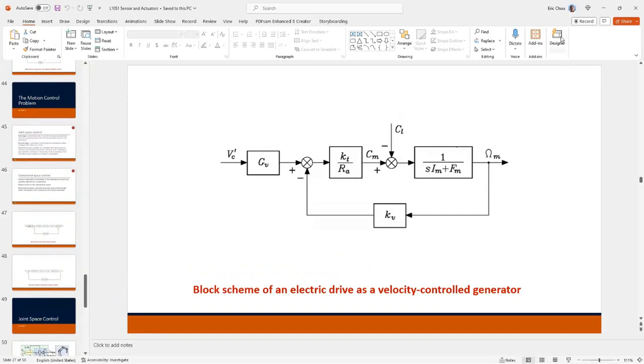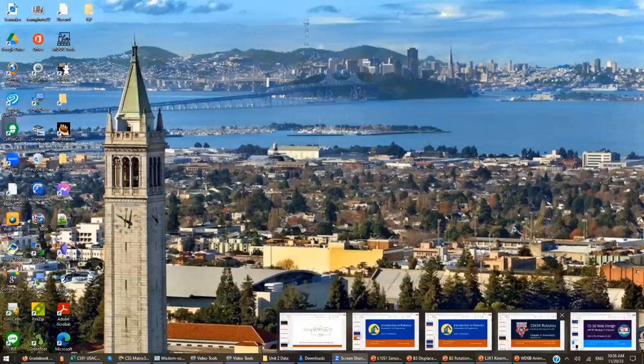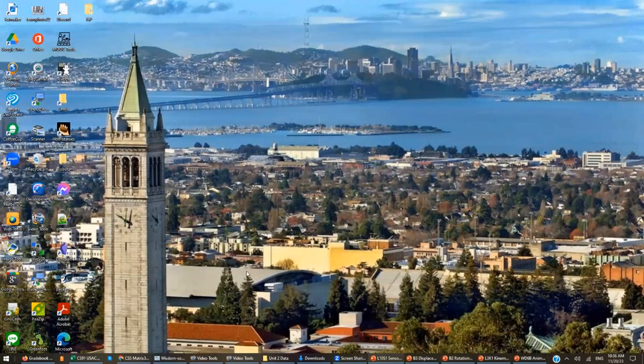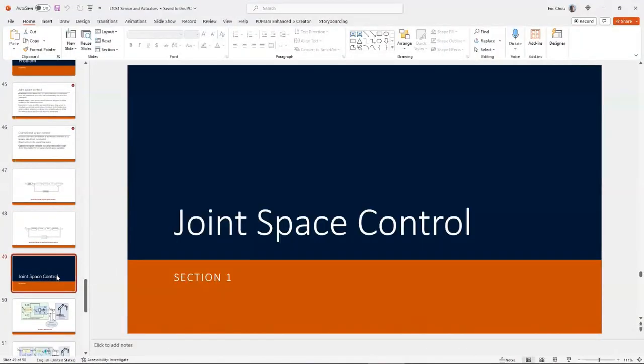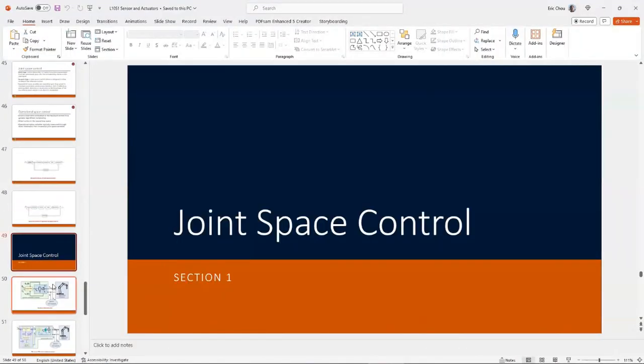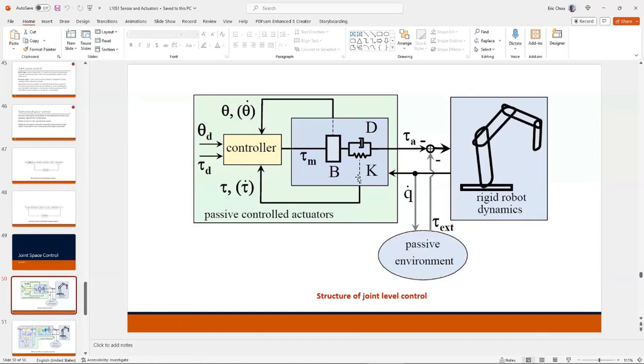Other than that, I don't see other things, and they are traditional resistor, capacitor, and inductor loop design.